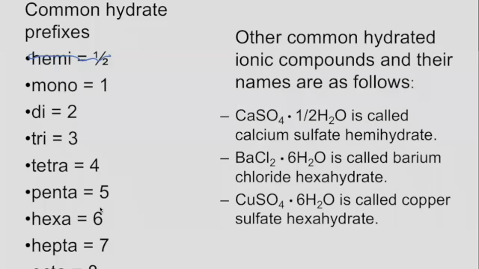So it's very, very important that you know how to name those compounds. Okay, so that pretty much ends how to name ionic compounds. When we come back, we'll do molecular compounds.